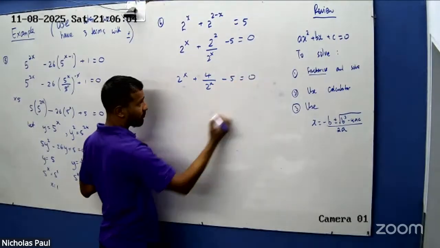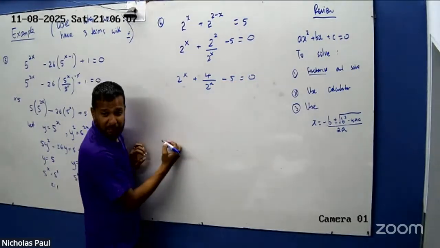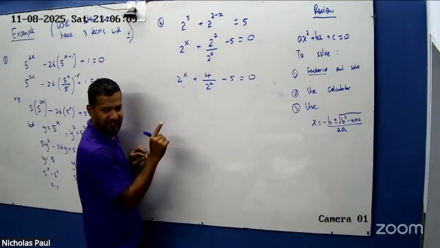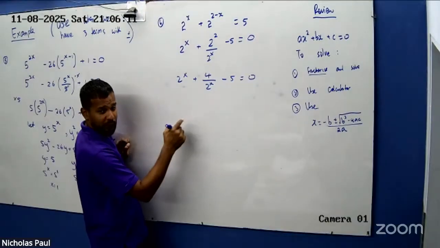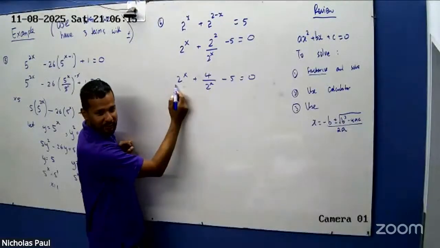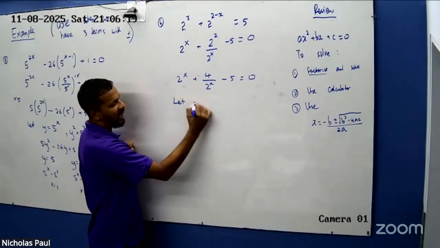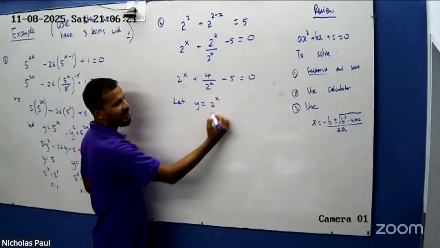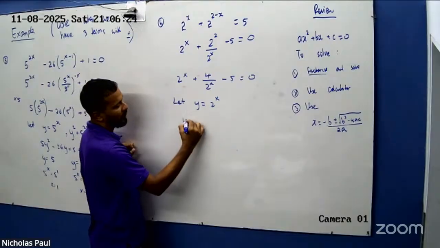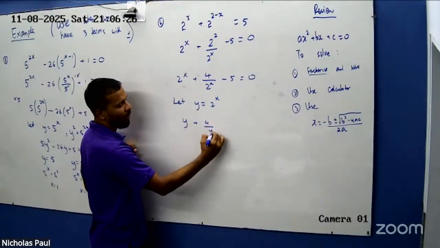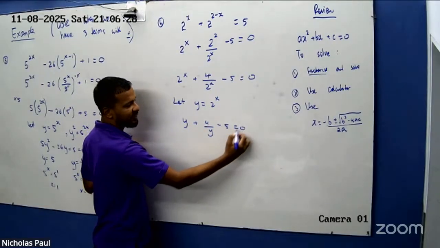You can multiply everything by 2 to the x. But just to make it look a little bit easier before you do that, because try to imagine multiplying this by 2 to the x, and then this by 2 to the x. It might look hard, right? But if you reach here and you say, okay, I'm going to let y equal to this, what will happen? You'll get y plus 4 on y minus 5 is 0.